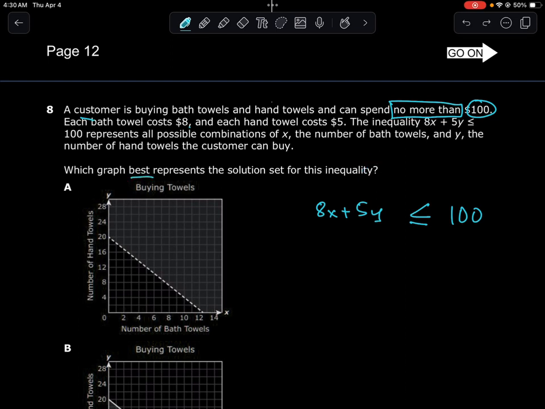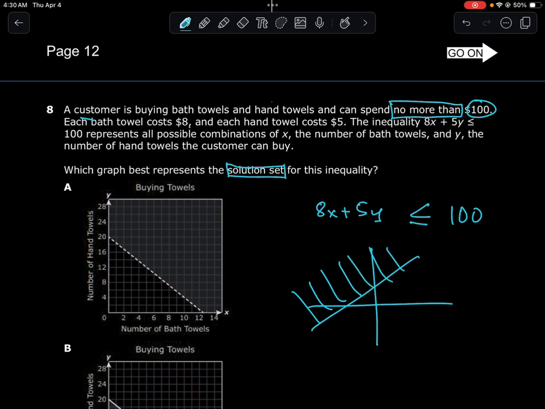Which graph best represents the solution set of this inequality? So best represents, so which one is the solution, not which one is not the solution. And the solution set: every time we have an inequality, we have many solutions. Those solutions, if they represent the inequality, are usually indicated by shading the area where they live.